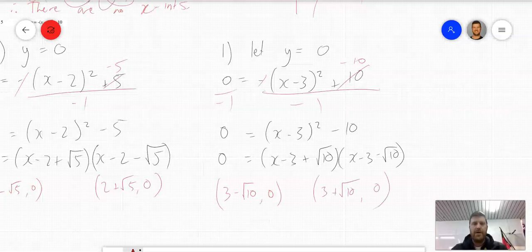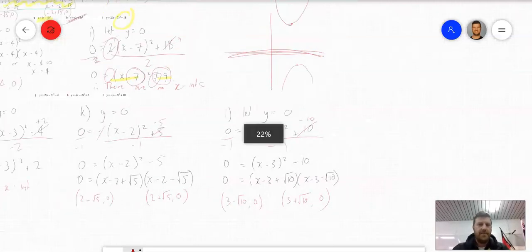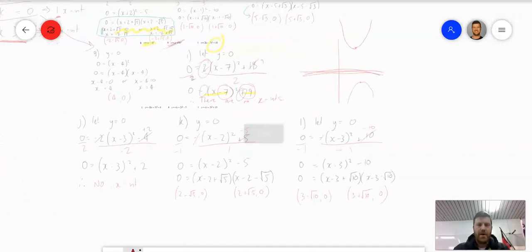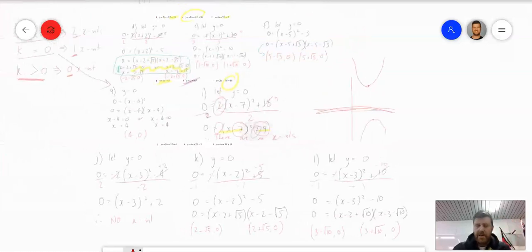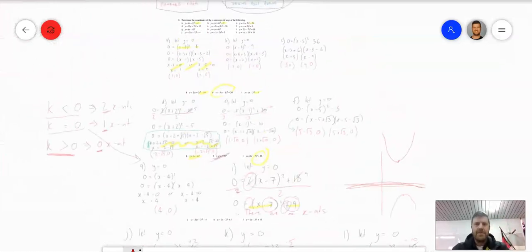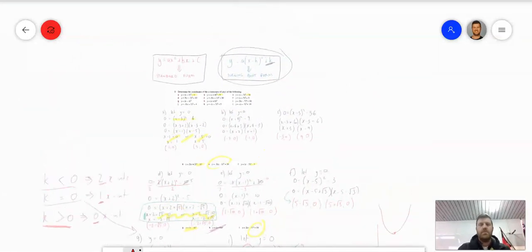Alright, so there you go, guys. Lots of different types of the same sort of question. Again, I wasn't actually sketching these for you. I'm more just showing you how to work out the x-intercept, which is probably the hardest part when you're looking at an equation in turning point form and asked to sketch it.